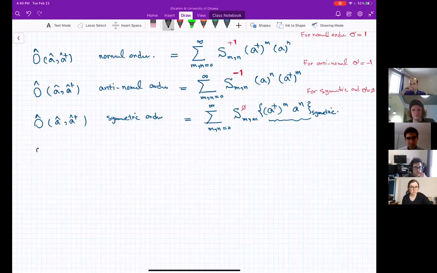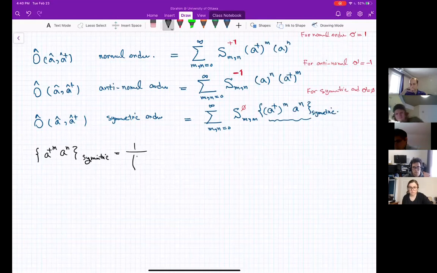Essentially, if I want to have the symmetric way, this is the symmetric way of A dagger power of M and A power of N. That's a symmetric way. That is 1 divided by the permutations of M plus N out of M, and then you have a summation of all permutations. This was your question.